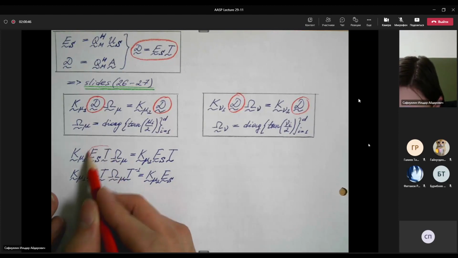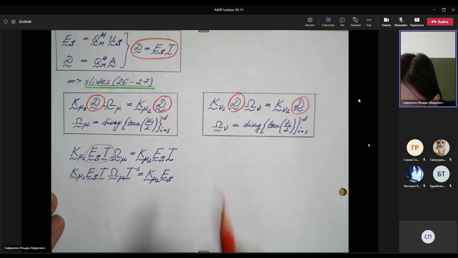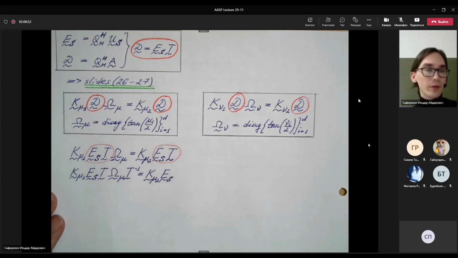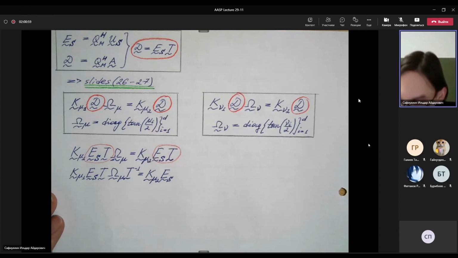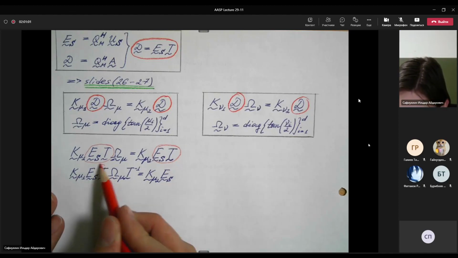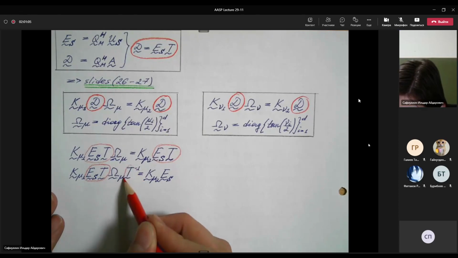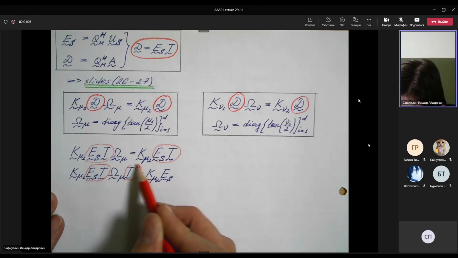This one is our D, so we just rewrite it using the signal subspace and transform matrix T. And here, this one, and this one.